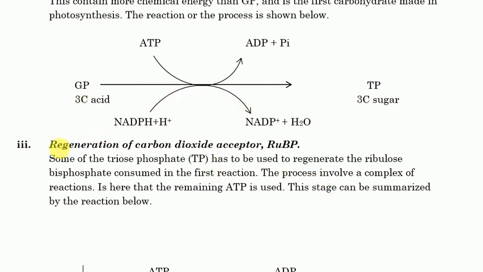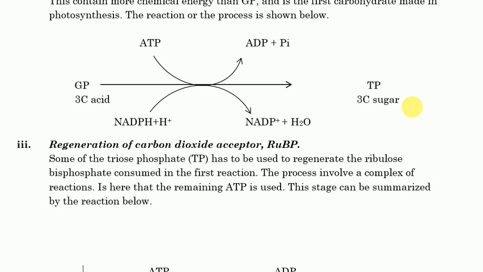The last stage of the Calvin cycle is the regeneration of the carbon dioxide acceptor, that is RuBP. As I told you before, the carbon dioxide acceptor is a 5-carbon sugar molecule. But what we are making later is also a sugar. For example, here the 3-carbon acid is converted into sugar by reduction.